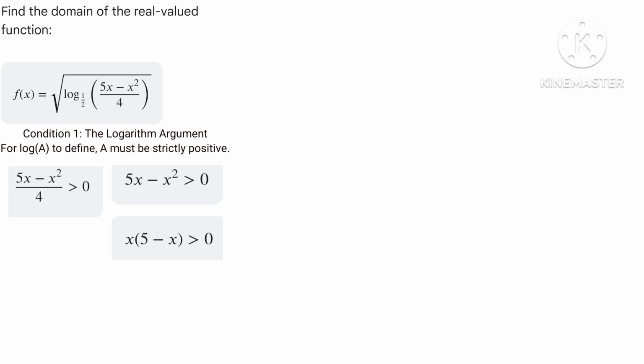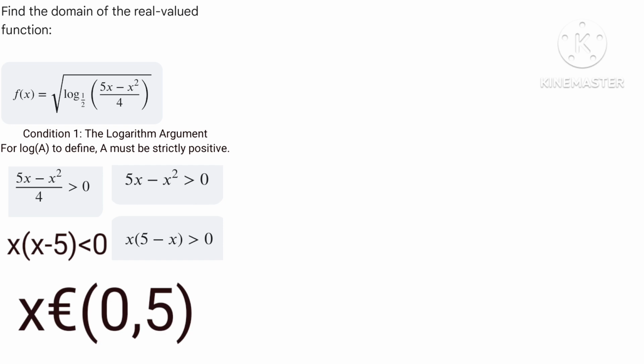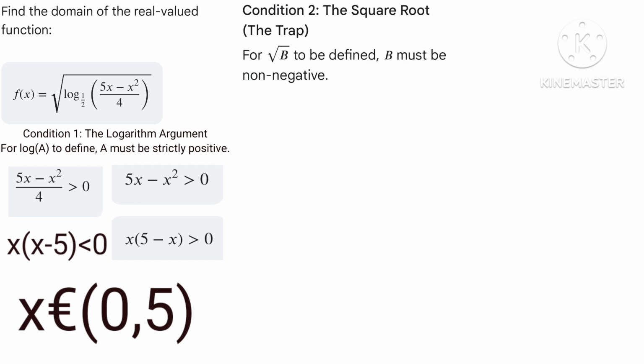Take x common, x into 5 minus x is greater than 0. Now change 5 minus x to x minus 5, so the inequality changes. So x into x minus 5 is less than 0. From condition 1, x lies between 0 and 5.